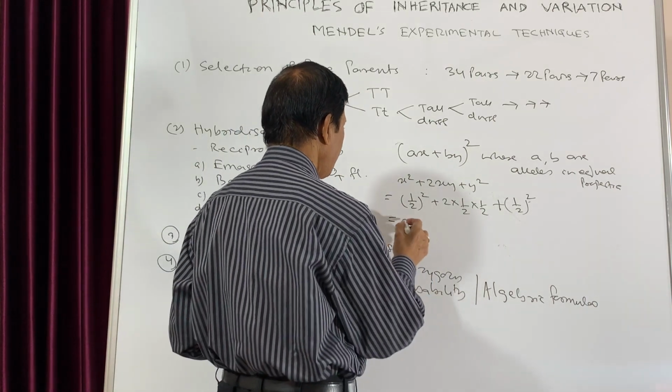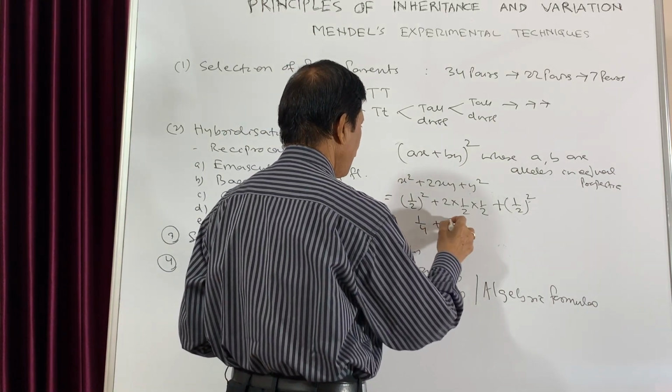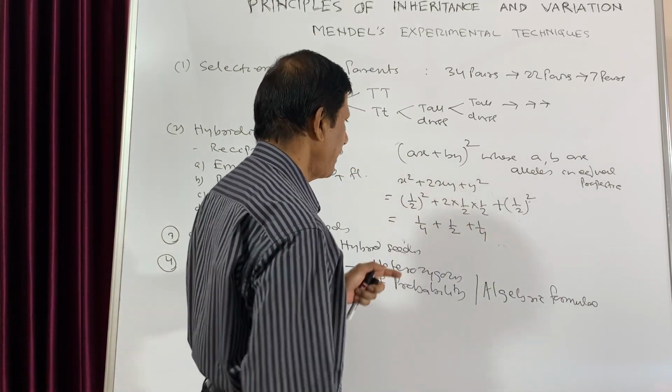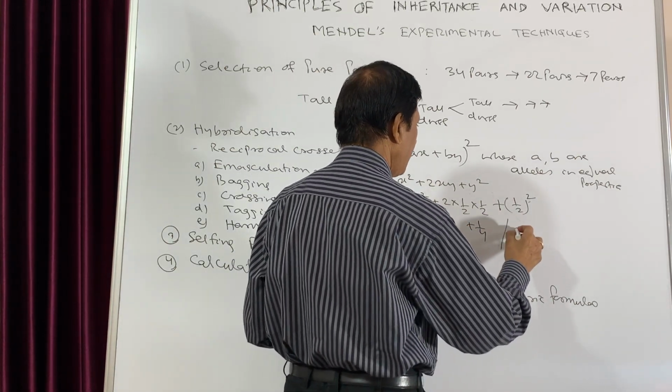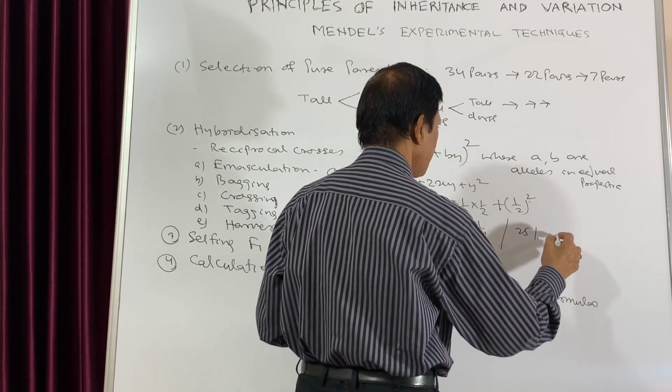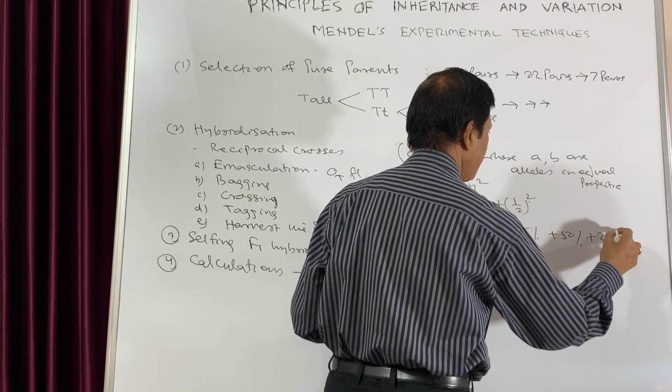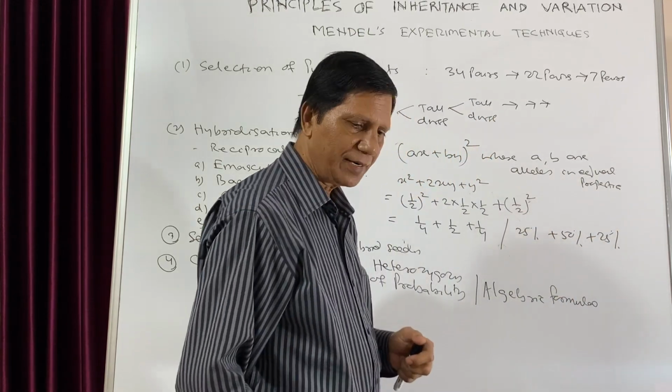So this gives the result 1 by 4 plus 1 by 2 plus 1 by 4. That means we can say 25%, 50%, and again 25%. Why did he apply this?